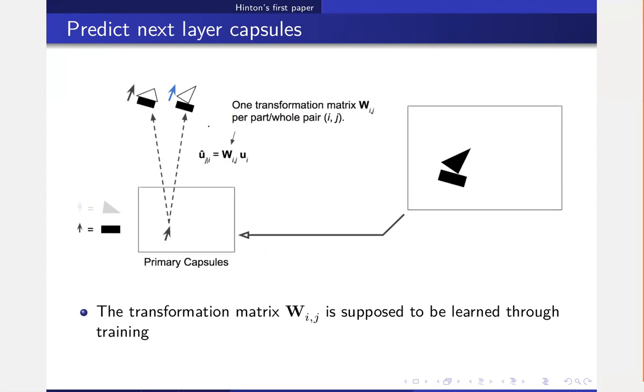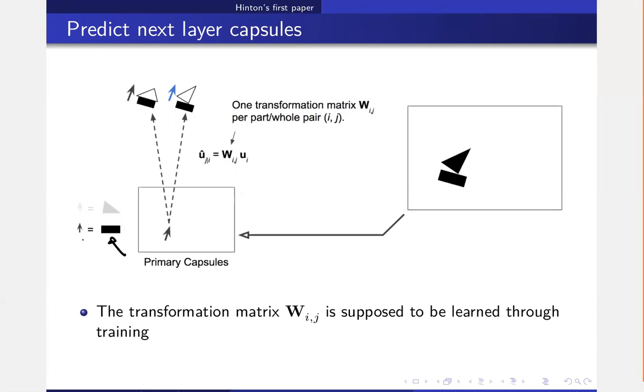So if we go back to this simple example, let's say in the earlier layer we have the rectangle capsule and the triangle capsule. Then in the next layer, I may have a boat here, but also a house here, right? So we're trying to see whether this is a house or a boat. We match the rectangle and triangle capsules with each of the boat and house.